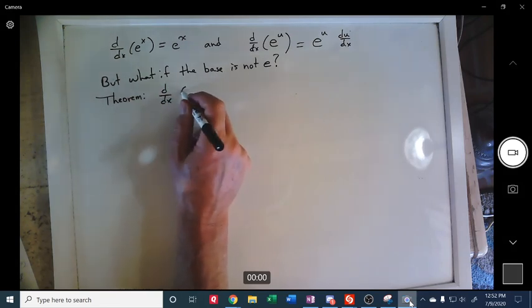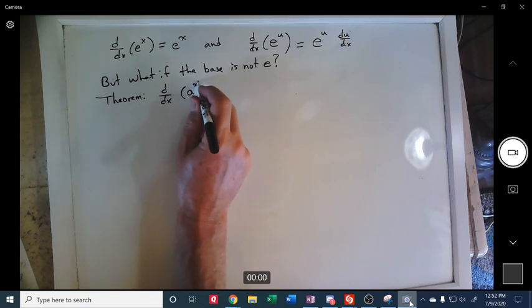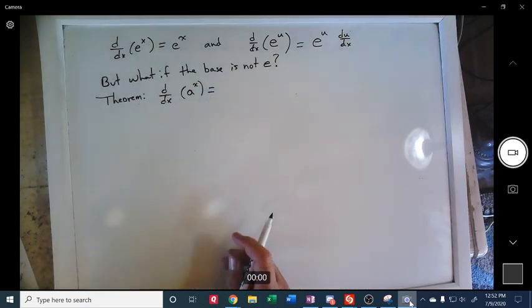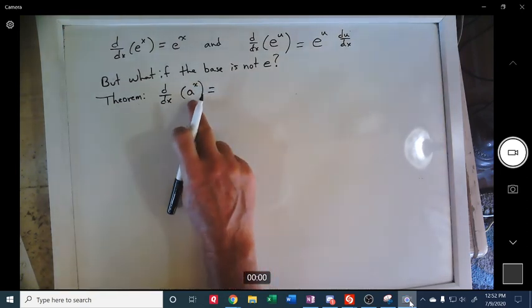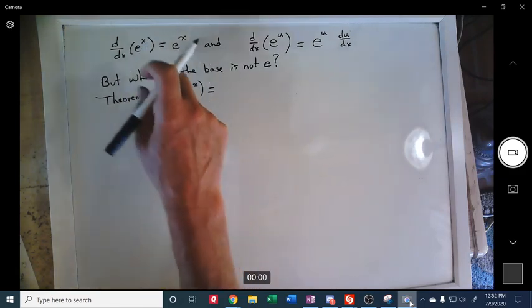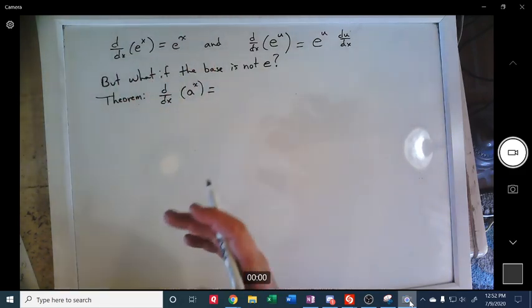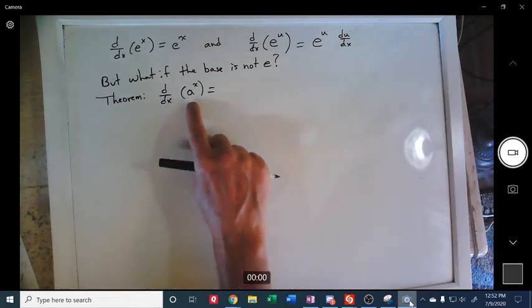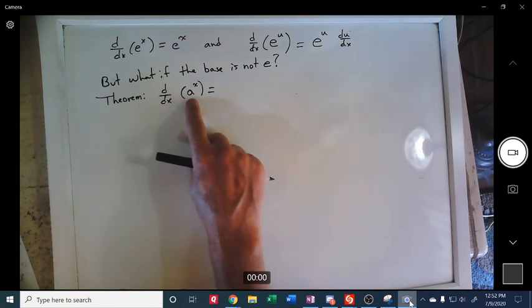The derivative of a to the x, where a doesn't necessarily have to be e. a could be e, could be something else, could be like 2 or 3. We'd never use a being negative. Remember, exponential functions always have positive bases.